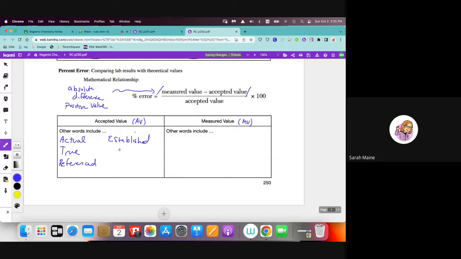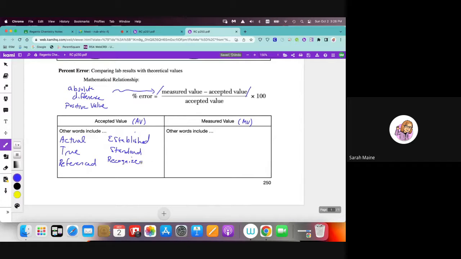Let's see what else. It could be the standard value. It could be the recognized. So normal human body temperature, the recognized value is 98.6 degrees Fahrenheit. So most people have a natural body temperature similar to that. So that's what we recognize as the normal or healthy body temperature.